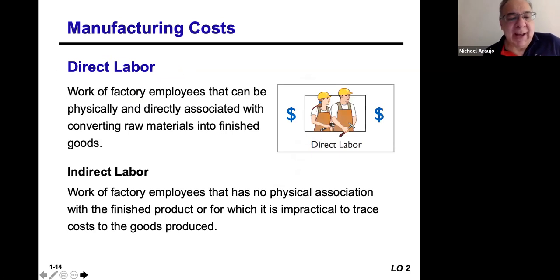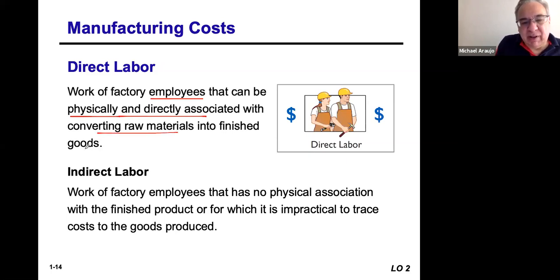Labor also has direct labor and indirect labor, as I mentioned earlier. Direct labor, these are the employees who are physically and directly associated with converting the raw material into the finished good. Okay, like I said, the baker at the bread shop is directly associated with making the finished good. However, as you know, organizations are quite large. They have lots of different labor.